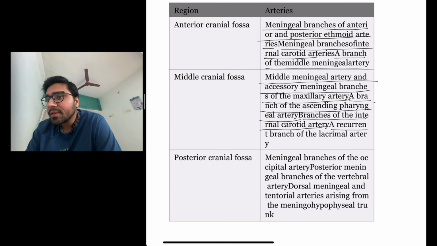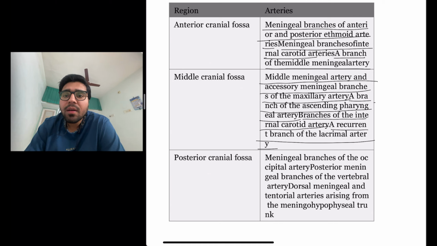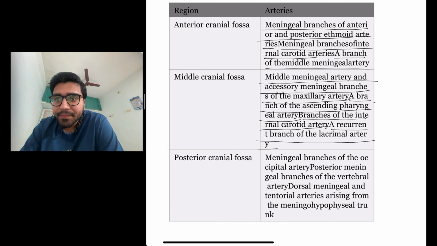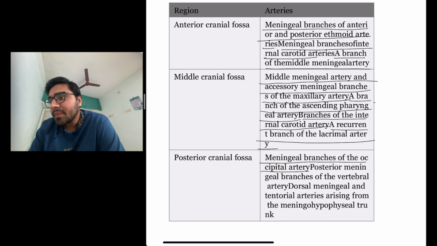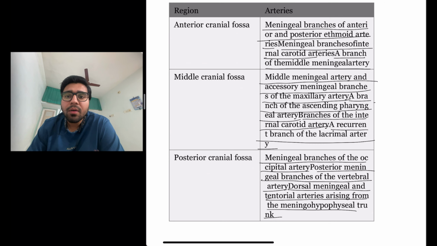And the fourth is a recurrent branch of the lacrimal artery. For the last, the posterior cranial fossa, the blood supply is meningeal branches of the occipital artery, posterior meningeal branches of the vertebral artery, and deep meningeal and tentorial branches arising from the meningohypophyseal trunk.